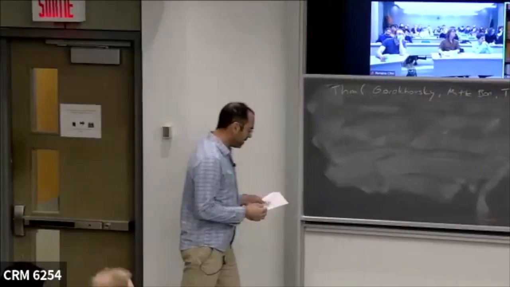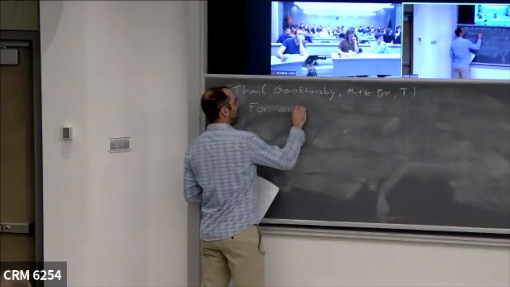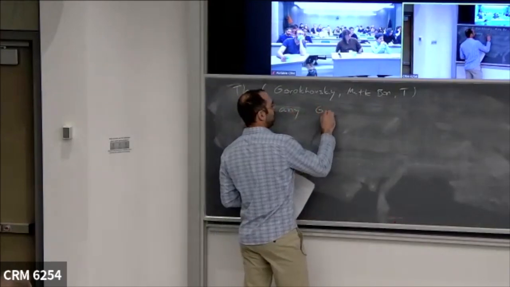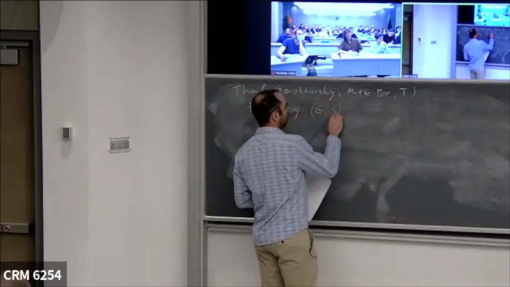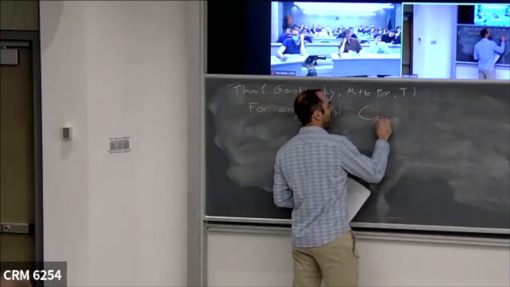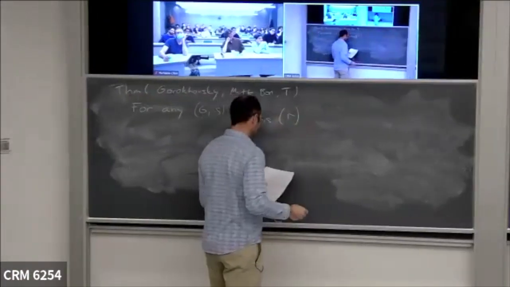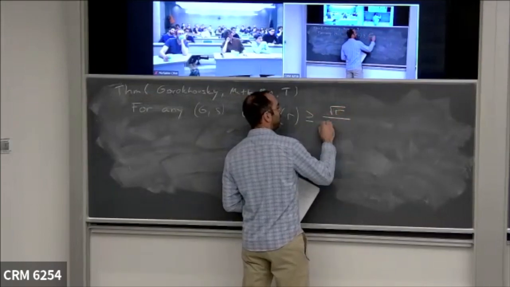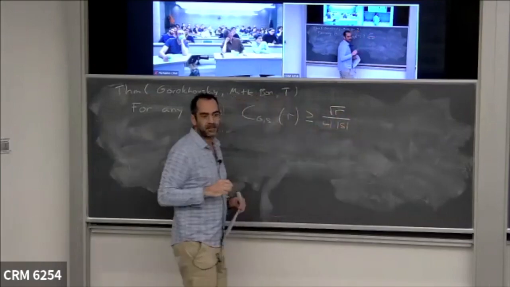What the theorem says is this: for any finitely generated group G generated by a symmetric set S, the coset covering number of the ball of radius R is at least the square root of R divided by 4 times the size of the generating set.